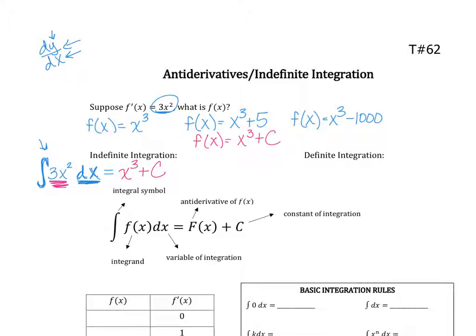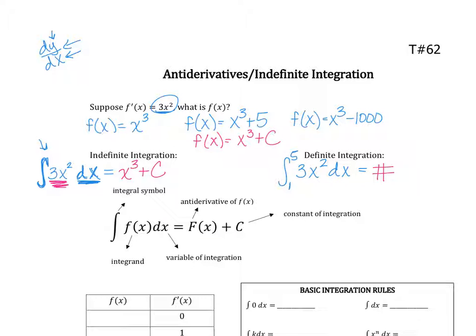You have to have the plus c when you're doing indefinite integration. Now, we're not going to talk about this yet, but I'm saying the word indefinite, and you're wondering what that means. There's indefinite integration and definite. Notice definite integration right here looks the same, but there are numbers here, 1 to 5, etc. Again, we'll talk about that later. What I want you to know is when you do definite integration, you get a number.